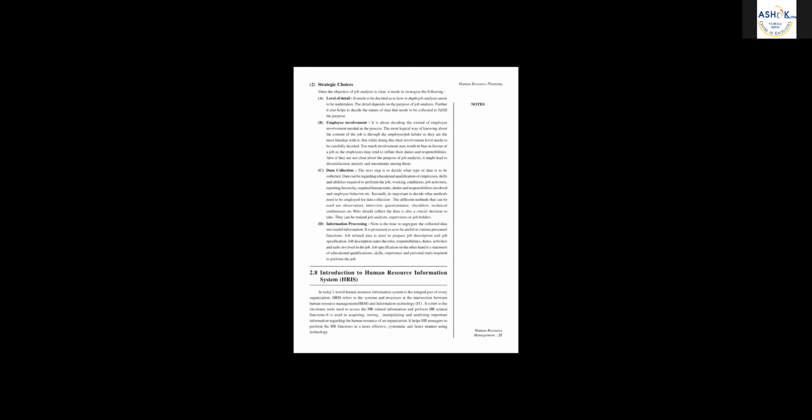Job related data is used to prepare job descriptions and job specifications. Job description states the roles, responsibilities, duties, activities, and tasks involved in the job. Job specification, on the other hand, is a statement of educational qualifications, skills, experience, and personal traits required to perform the job.